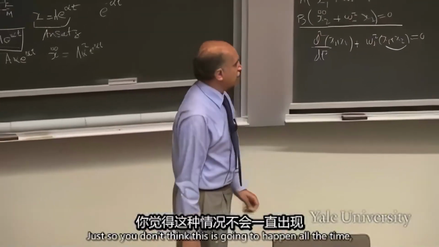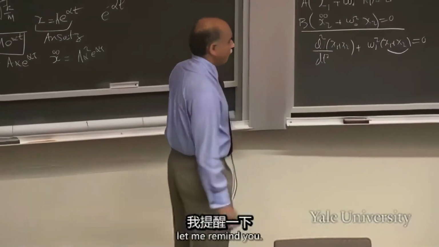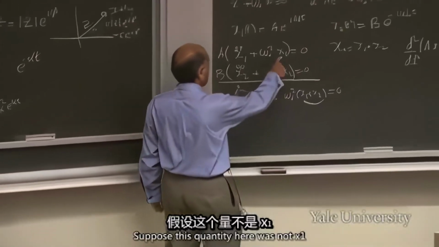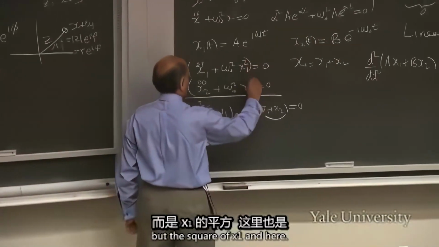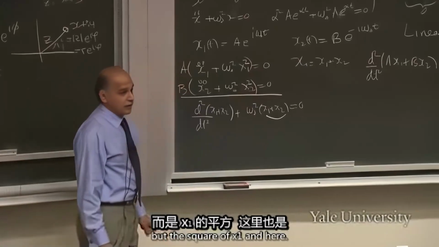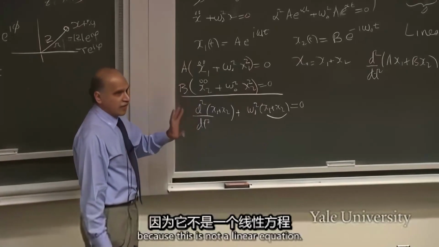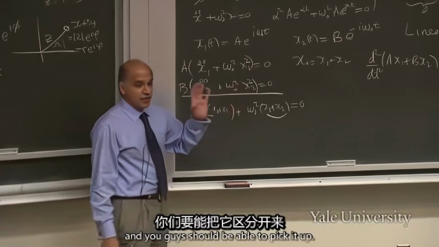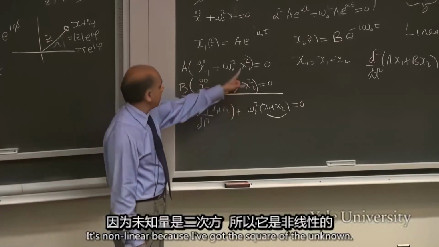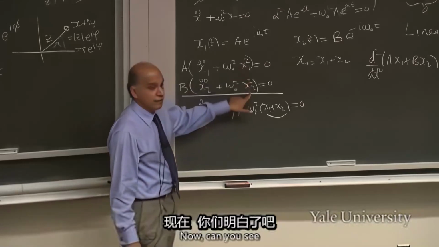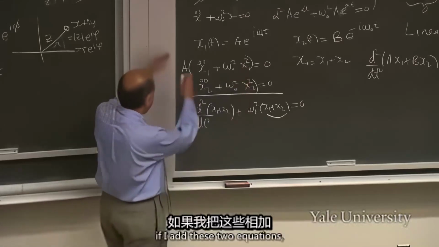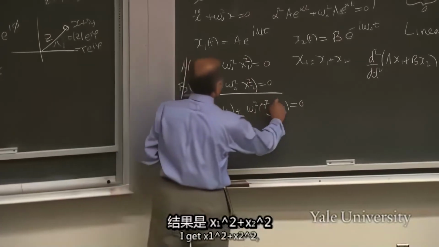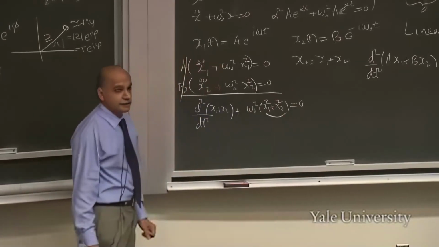Just so you don't think this is going to happen all the time, let me remind you, you don't have to write this down, but at least follow what I'm saying. Suppose this quantity here was not x1, but the square of x1, and here. You don't have to write this, because this is not a linear equation. We're not interested in this. But notice, this is nonlinear, and you guys should be able to pick it up. It's nonlinear because I've got the square of the unknown. Now can you see, if I add these two equations, forget a and b, let them both be 1, I get x1 squared plus x2 squared.